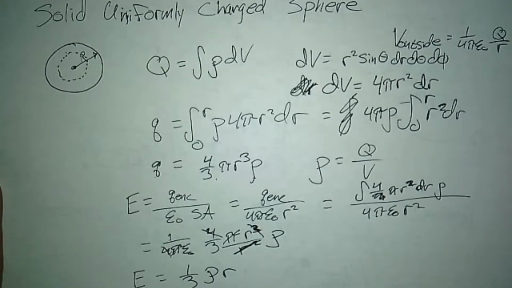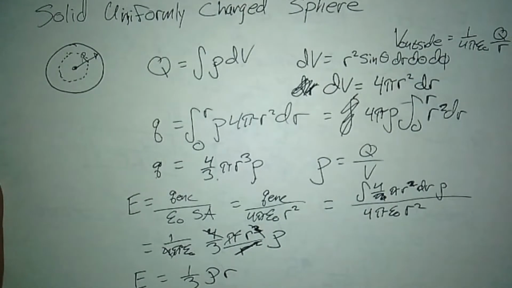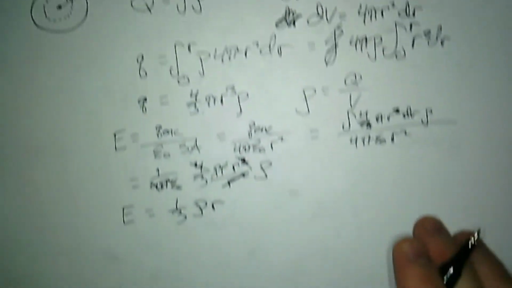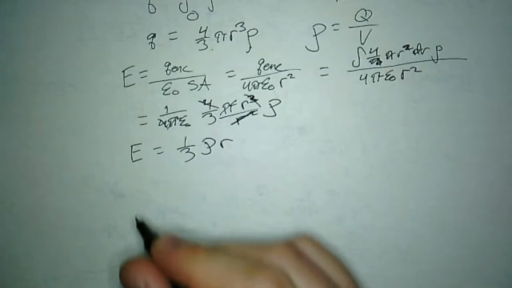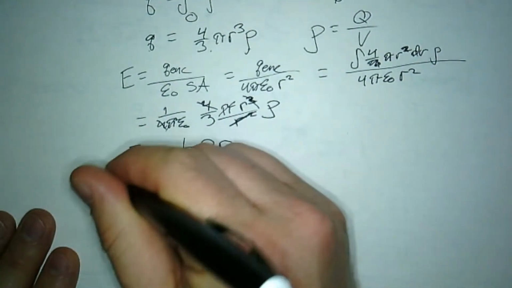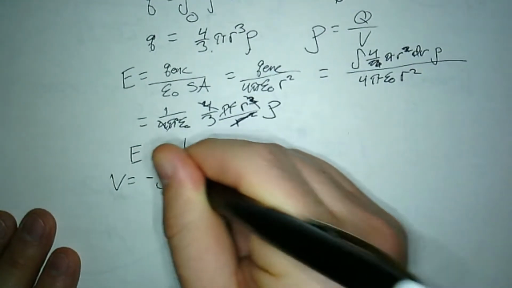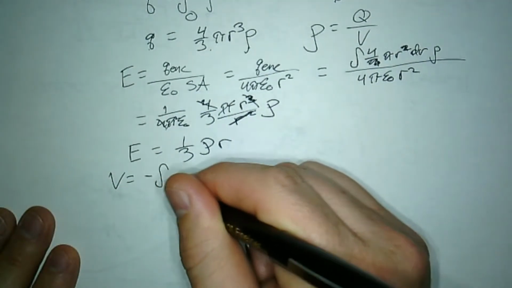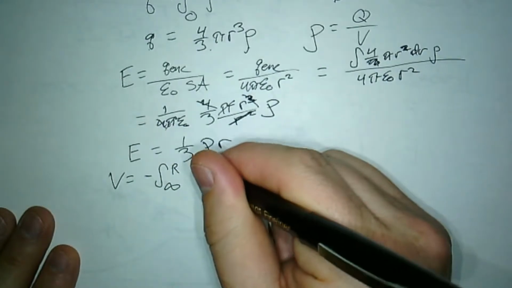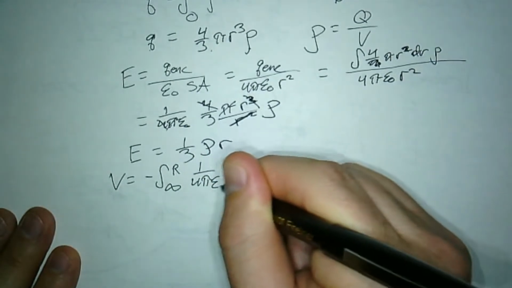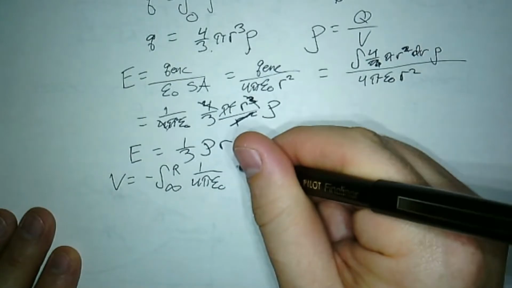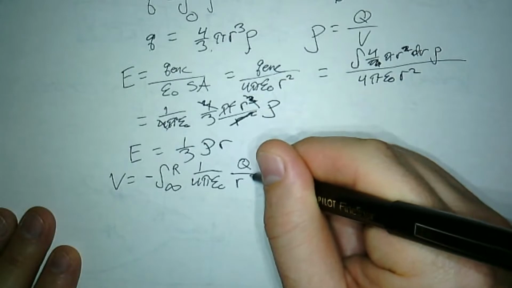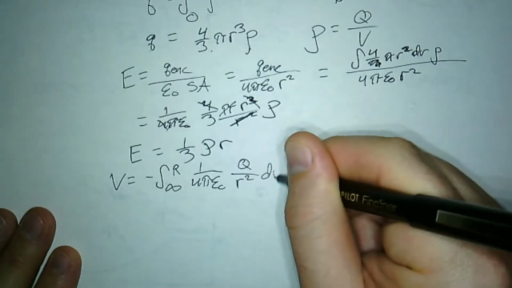So to get my potential, I need to integrate that, right? So we know that V equals minus integral from infinity to R of the same electric field as the outside, right? Because we're breaking this apart like we did earlier, Q over r squared dr. We know what the answer to that integral is.